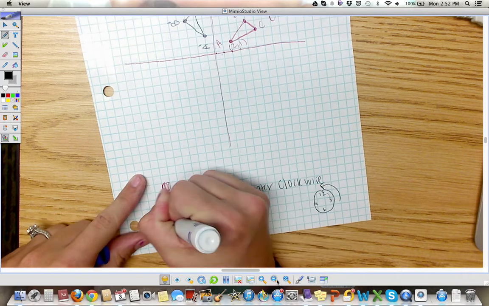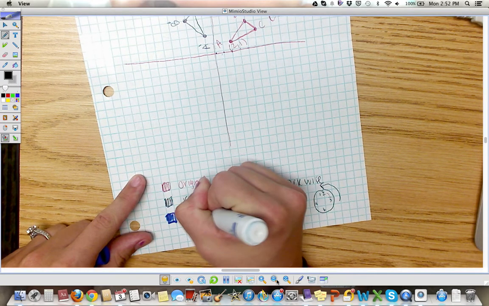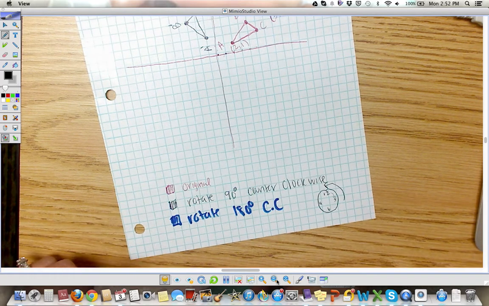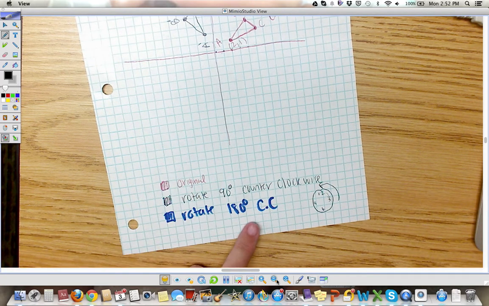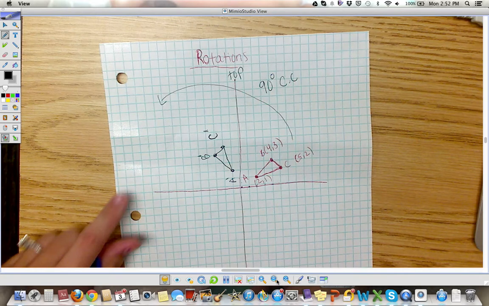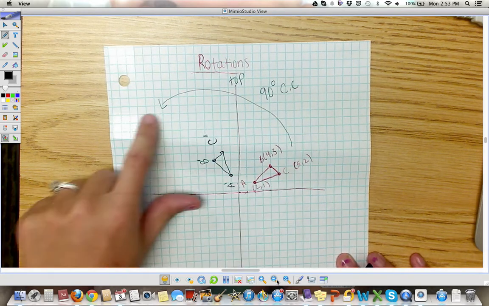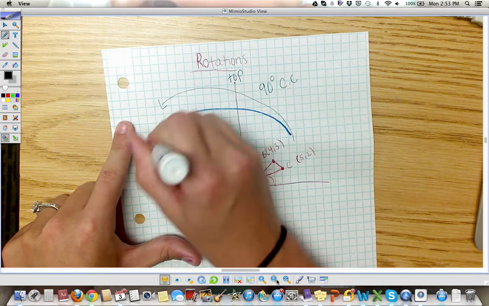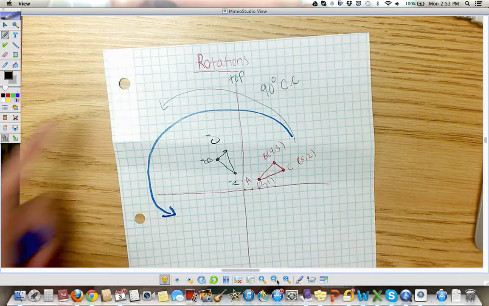Now we're going to rotate 180 degrees counterclockwise. So we just did 90, now we're going to do 180. If I look up here, that would be 90 into one box. 180 is going to bring us into this box now.